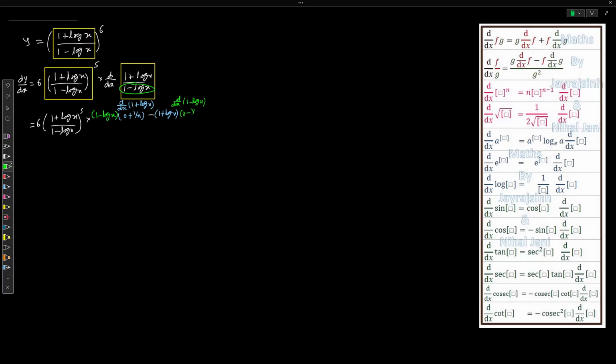So that will be 0 minus 1 by x, whole divided by the whole square of the denominator 1 minus log x. Okay, done. So again let's simplify. 6 box raised to 5 is as it is, and we can take 1 by x common. So in the numerator we'll get minus 2. You can further simplify. Ta-da!